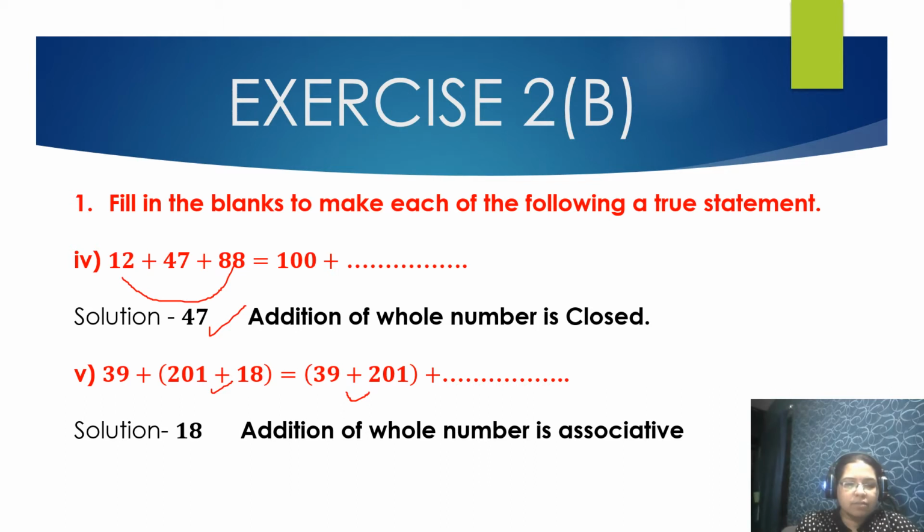So 39 plus (201 plus 18) equal to (39 plus 201) plus 18. And this is the associative property of addition of whole numbers.